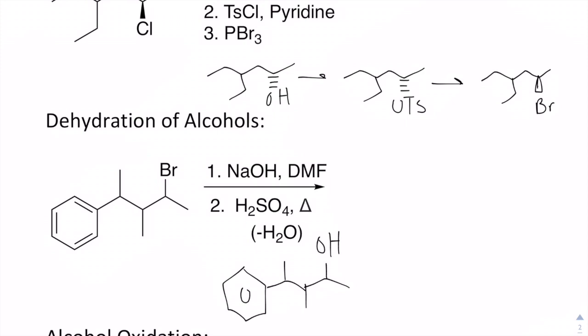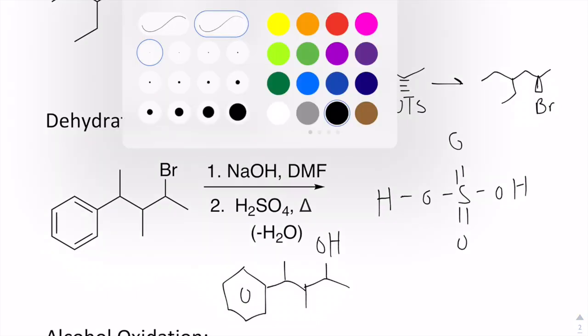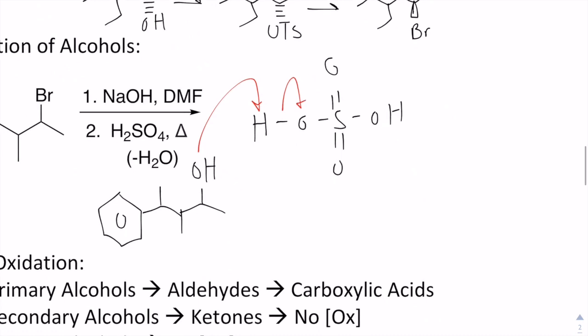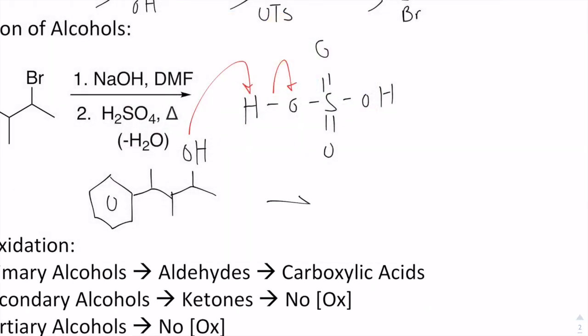And the role of that acid is to actually just protonate. So if I just drew the Lewis structure of this starting material, okay, basically that lone pair on that oxygen of the alcohol is going to grab a proton from sulfuric acid, generate the conjugate base of sulfuric acid, and we just converted that alcohol into a good leaving group.